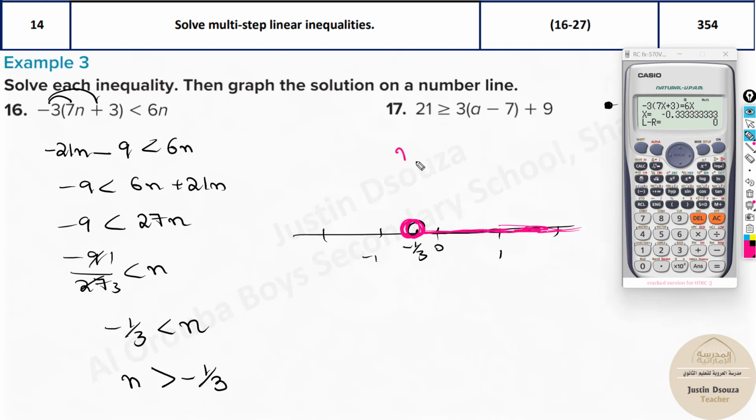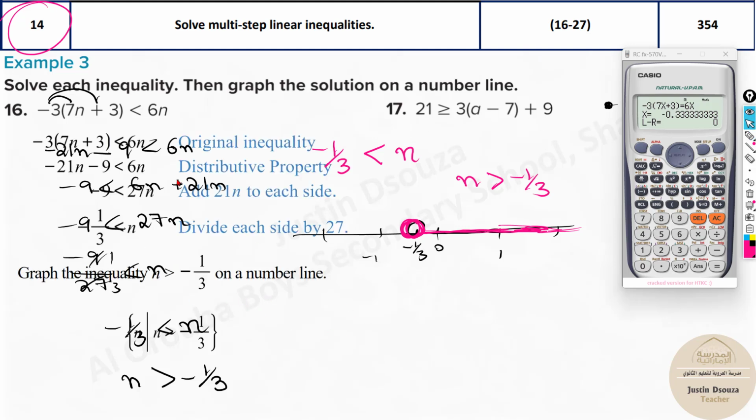So the n, whatever answer you get, will be over here. N is greater than the answer negative 1/3. Then we rearrange and write it as n greater than negative 1/3. Since it's the 14th question, we can use the direct method as well. So it's up to you. Now I will do the next one. This is the answer you saw over here.